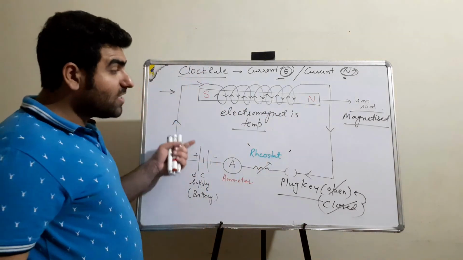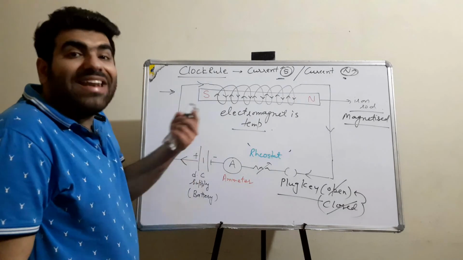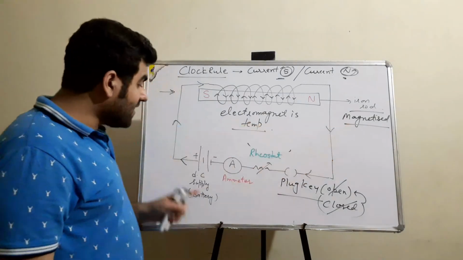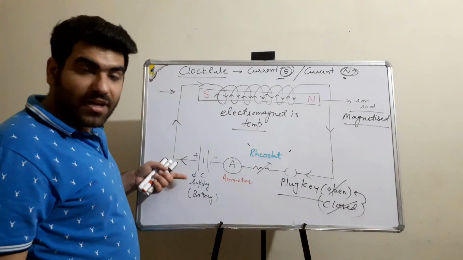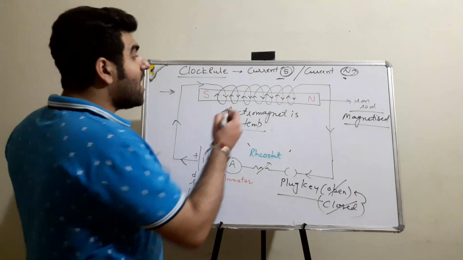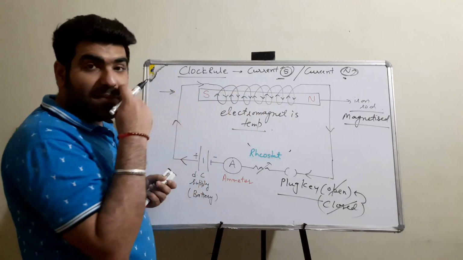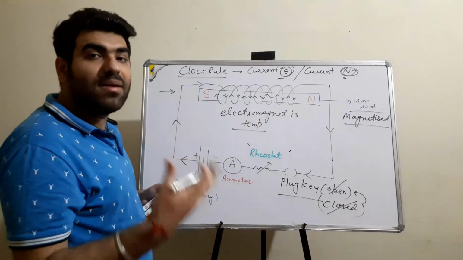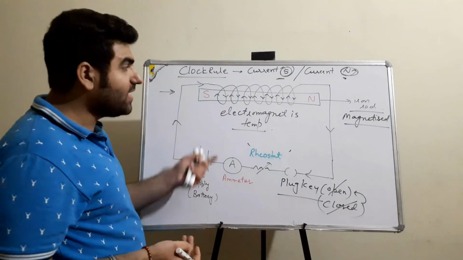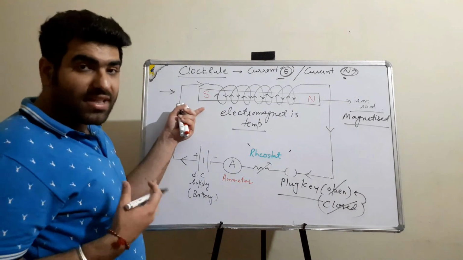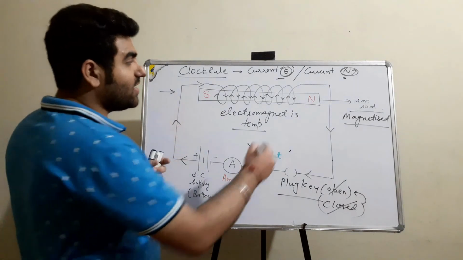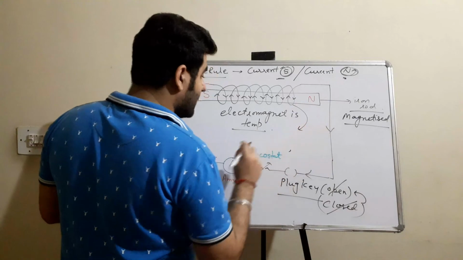Alright. So there is one more thing, how we can increase the magnetism. First is by increasing the amount of current. The second thing is by increasing the number of turns. If we increase the number of turns, then obviously the amount of current effect is going to increase, and that is why the strength of the magnetism will be increased.